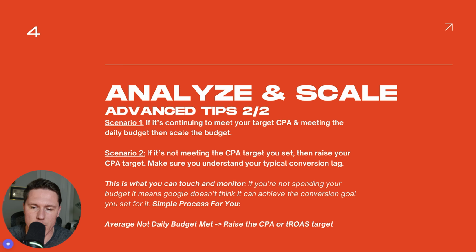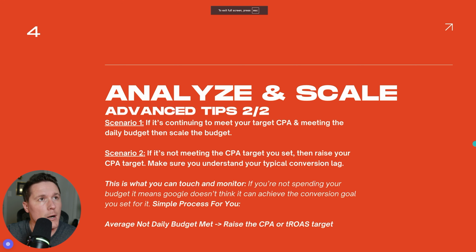Make sure you understand your typical conversion lag, and make sure that the first 7 days of your campaign, you understand that that is learning. It needs to be assessed after that time period, so make sure you take out that first 7 days. Make sure you understand your typical conversion lag, which is the click to purchase or the click to lead, and then go from there.